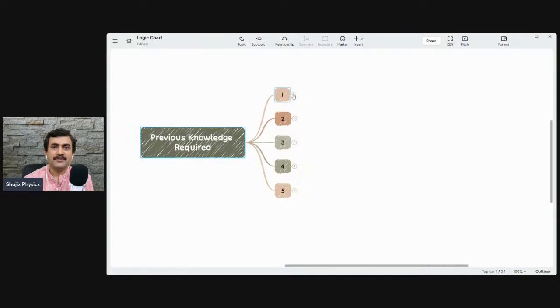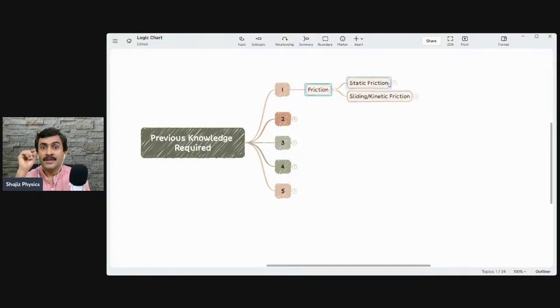See, the first thing, he or she should know about friction. A 9th standard student is aware of friction, obviously learning the concept of friction in class 8 or even in lower classes. But he or she is unaware of the concept of static friction and sliding or kinetic friction.